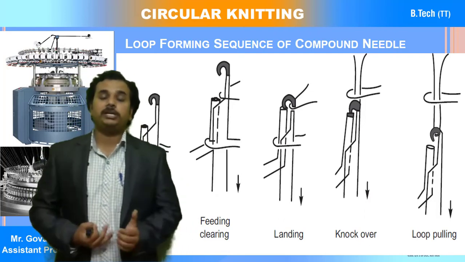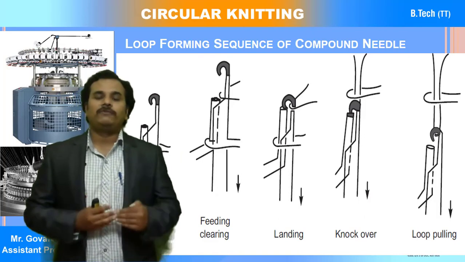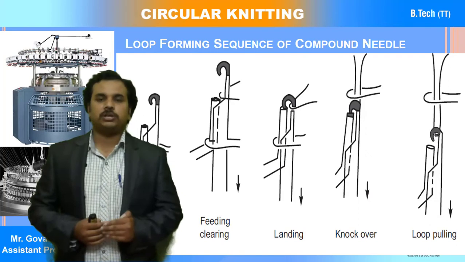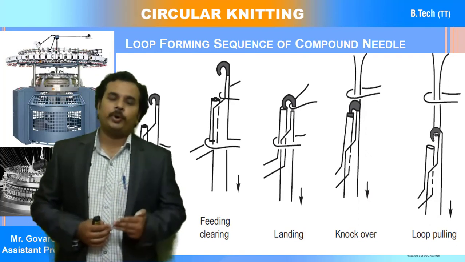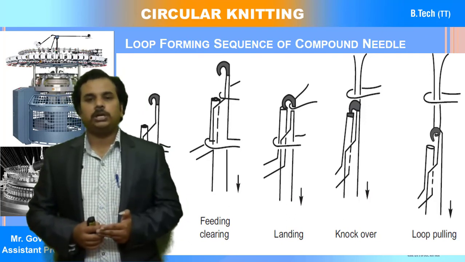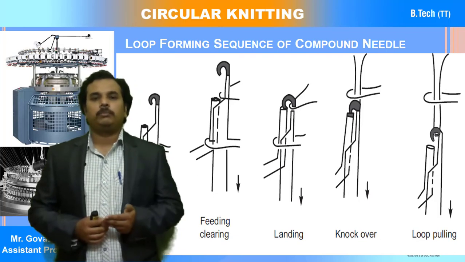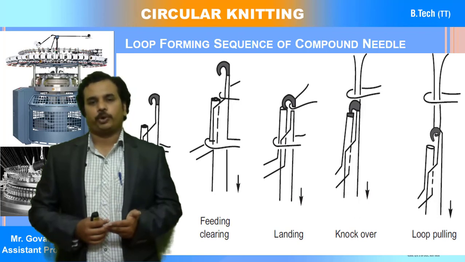Once again, what we have learned from this session is the loop formation sequence of the latch needle, the spring beard needle, and the compound needle, and how we can form the loop by using these 3 types of needles in the knitting process.